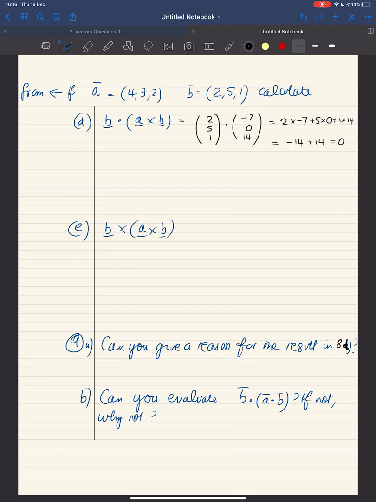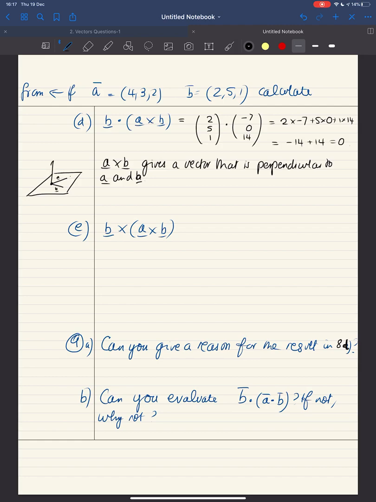Okay, so A cross B gives a vector that is perpendicular to A and B. Imagine we've got A there, B there.